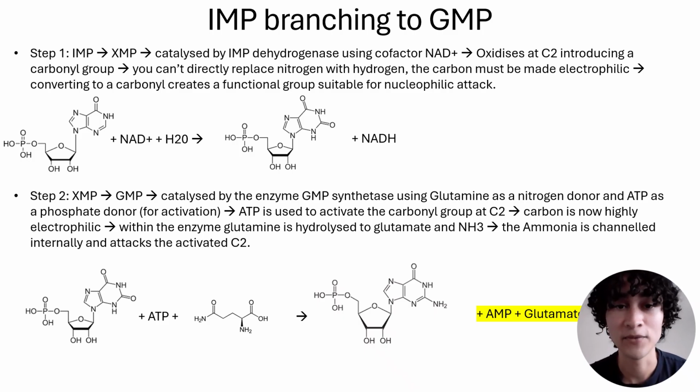So GMP synthetase will have a domain that allows it to isolate that amine group from the glutamine, giving you glutamate, and then that ammonia will be channeled through a hydrophobic ammonia channel in that protein structure, and it'll be transferred directly to that second carbon. Okay, and you'll get a nucleophilic attack, and that carbonyl group is replaced with an amine group.